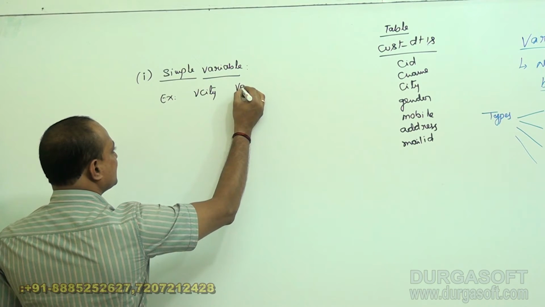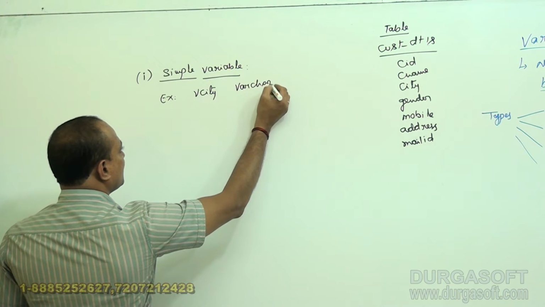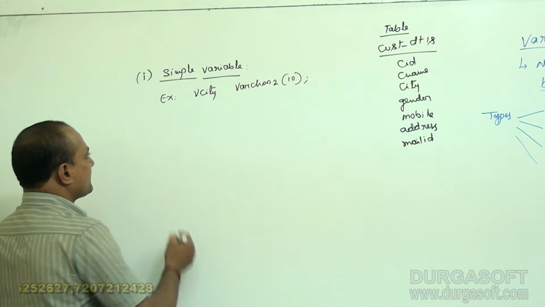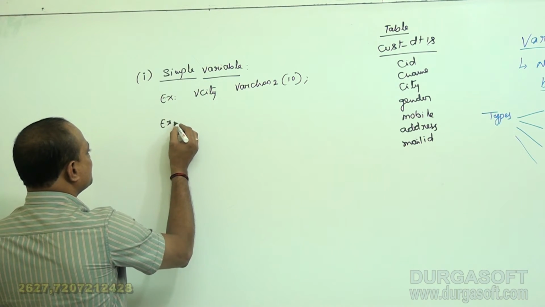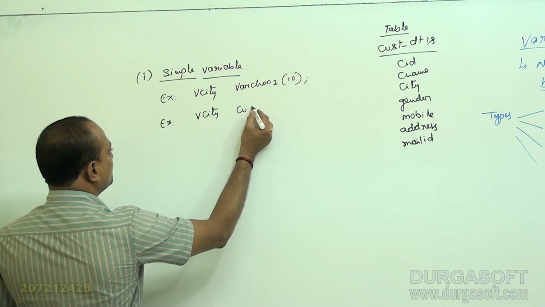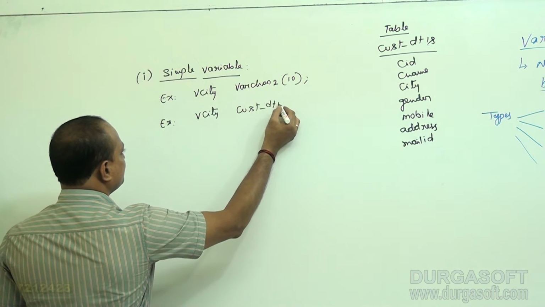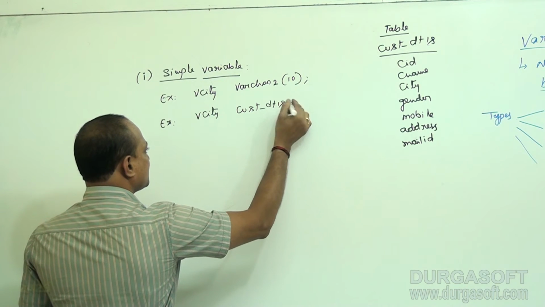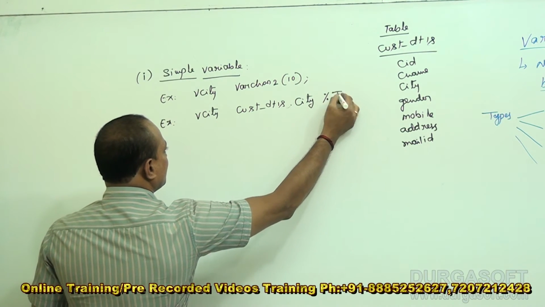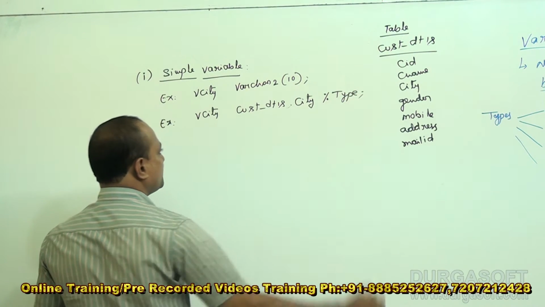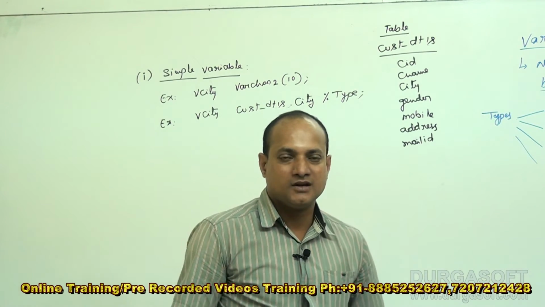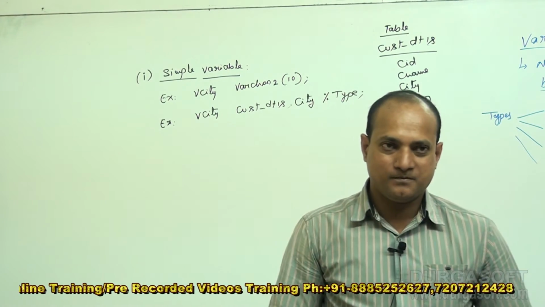V city, this is called explicit declaration. Whereas dynamic declaration is v city, go to the customer details table, dot, go to the column city, by specifying %type you are taking the data type and size of the city column in the customer details table.